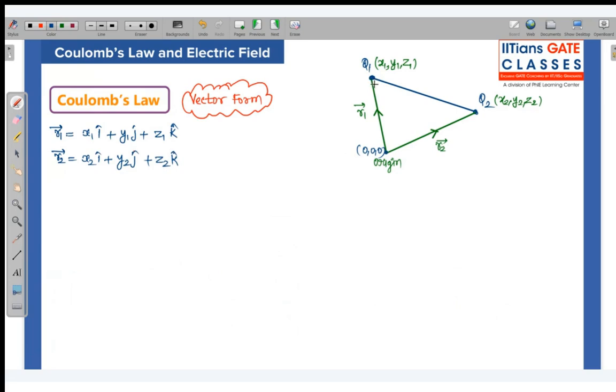Now when we want to calculate the force on charge 2 due to 1, it is along the line joining them. So I will join the line from 1 to 2 like this.